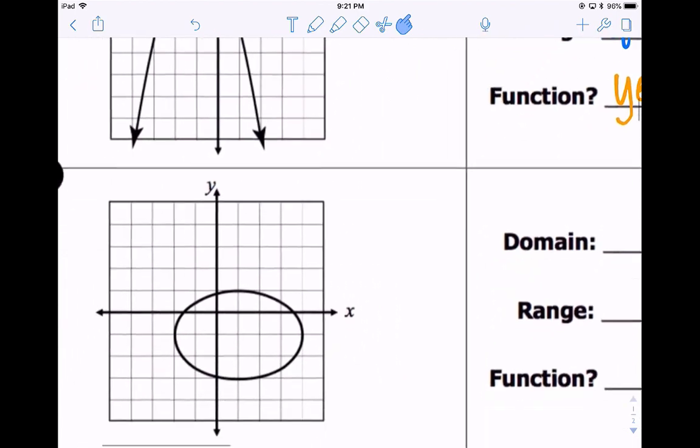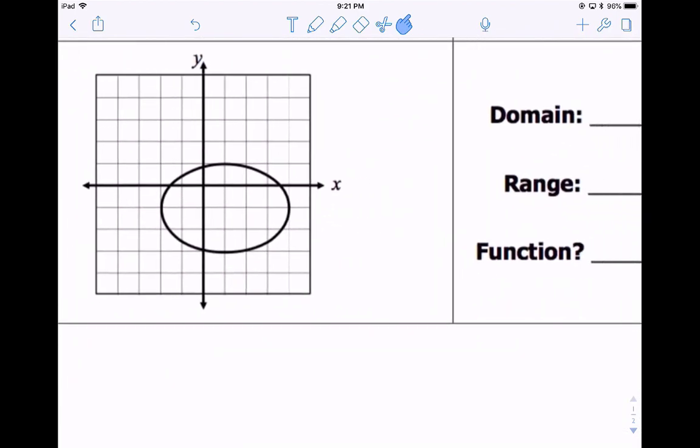All right, and then let's look at the last one. So this one we have an oval, or an ellipse is what we actually call it. So domain, again, we're looking at the x's. So if I'm looking at the x-axis, again, that's from least to greatest. So here's my x-axis. I'm looking from left over here all the way to the right. So what I notice is that this graph never goes beyond this point right here on the x, and then as I move to the right, it's everything to here, right?